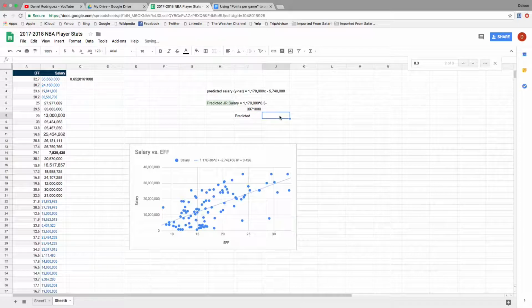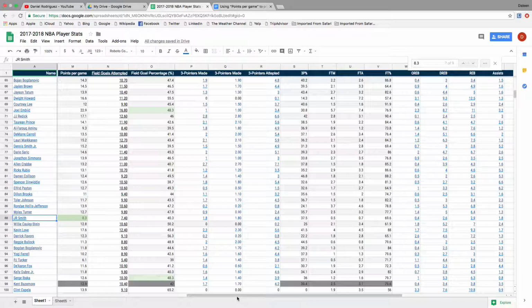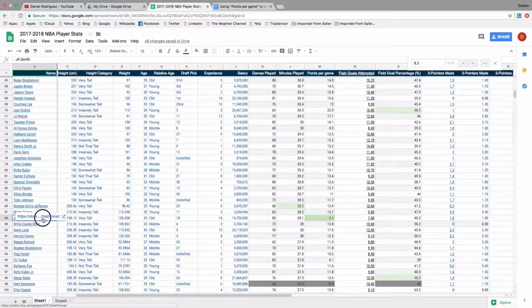So if my predicted is $3,971,000, and my actual or observed salary for J.R. Smith, what was his salary again? I can go back. So J.R. Smith is down here.